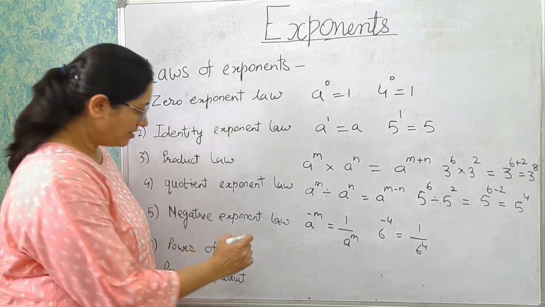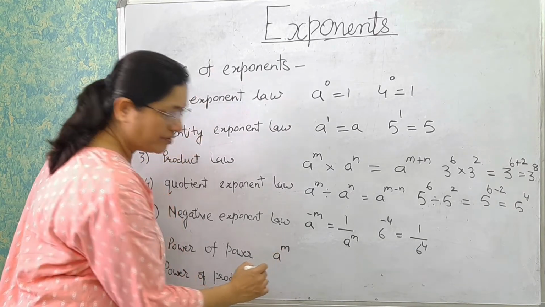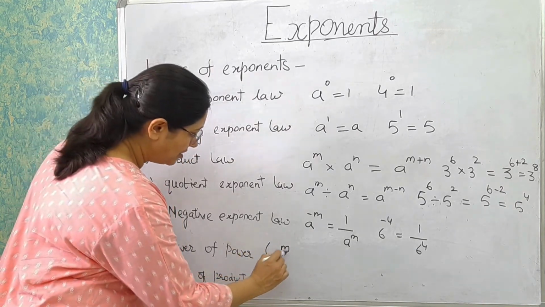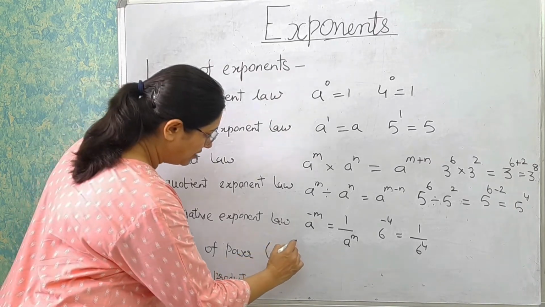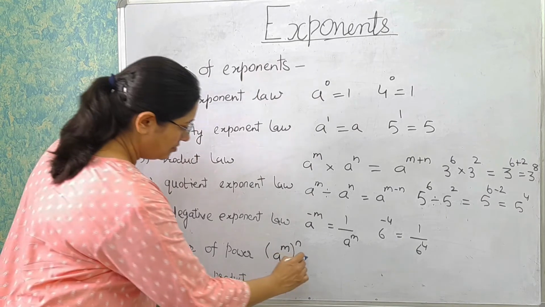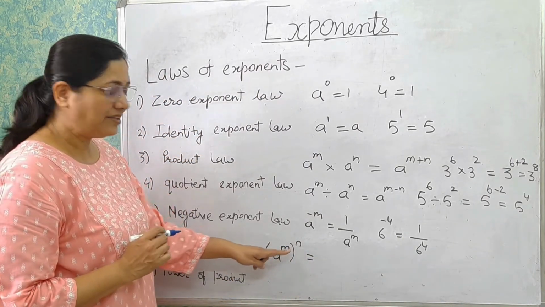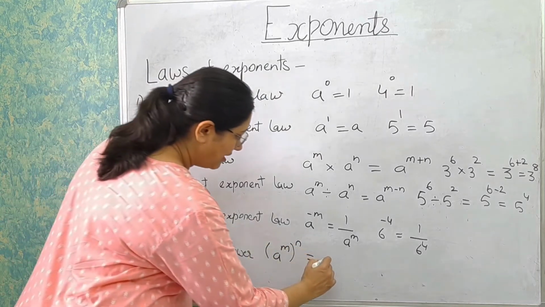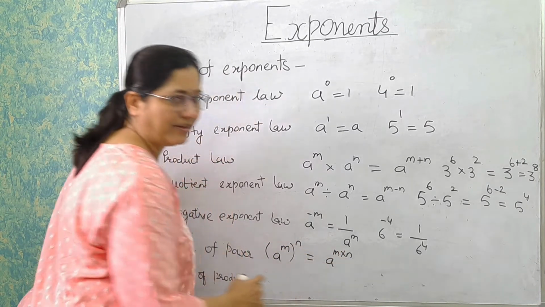Next, power of power. Suppose there is a number a to the power m and this number is enclosed in a bracket, and after bracket again there is an exponent, say n. So we just have to open the bracket and multiply these two exponents. So I can write it as a to the power m multiplied by n.